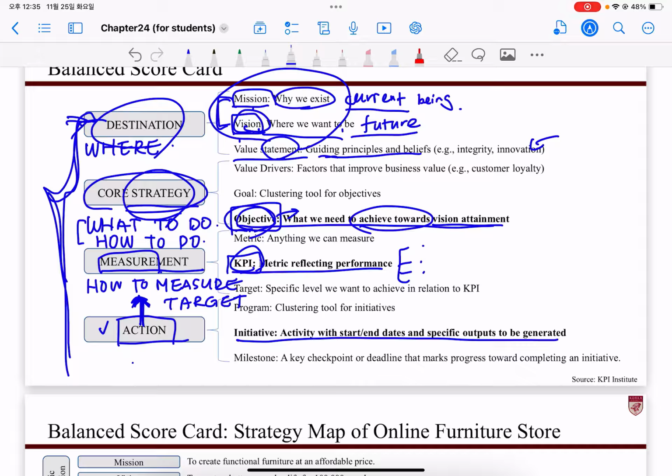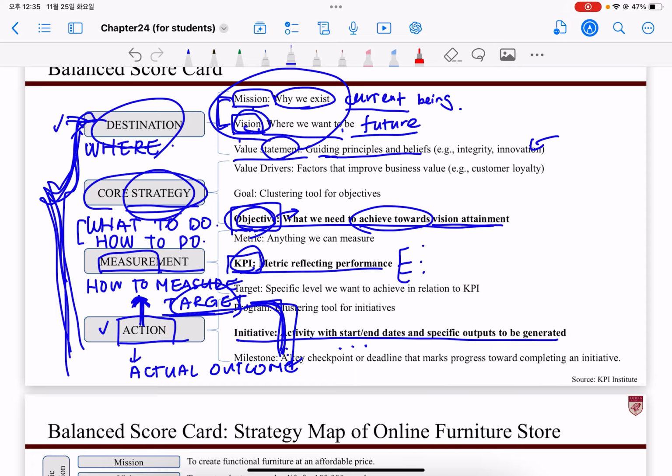And the action part, we will have the actual outcome, right? So the actual outcome will be then compared with the target. And then we will reiterate the process and say, okay, so in order to achieve the destination, how are we going to meet the target? How are we going to set the target, right? So these are all processes that are going on and on and on.